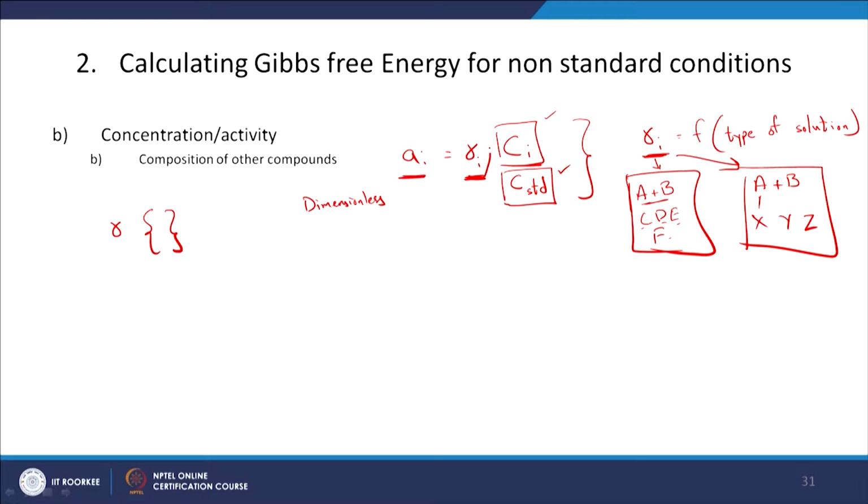We will go into greater detail on the activity coefficient later on. First we are going to discuss activity in a bit more detail. In general we look at four phases. What are they? We have the aqueous phase, when something is dissolved in water, and then we have the liquid phase, for example methanol and ethanol in various proportions.